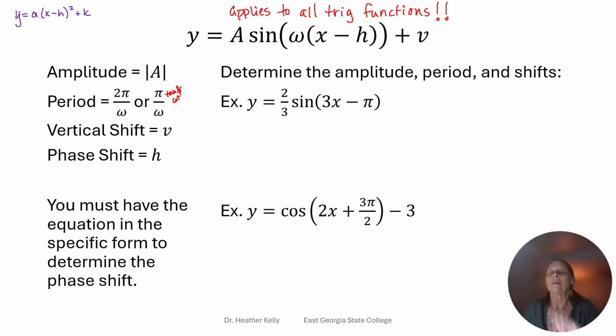Now, if you recall, when you were doing this with the quadratics in your college algebra class, the other very important thing is that it had to fit that form. It must be in the form.